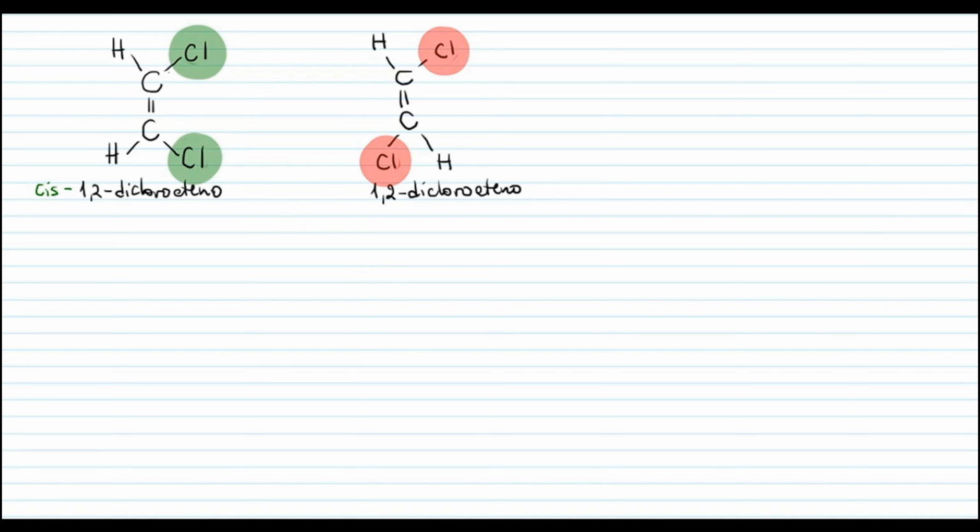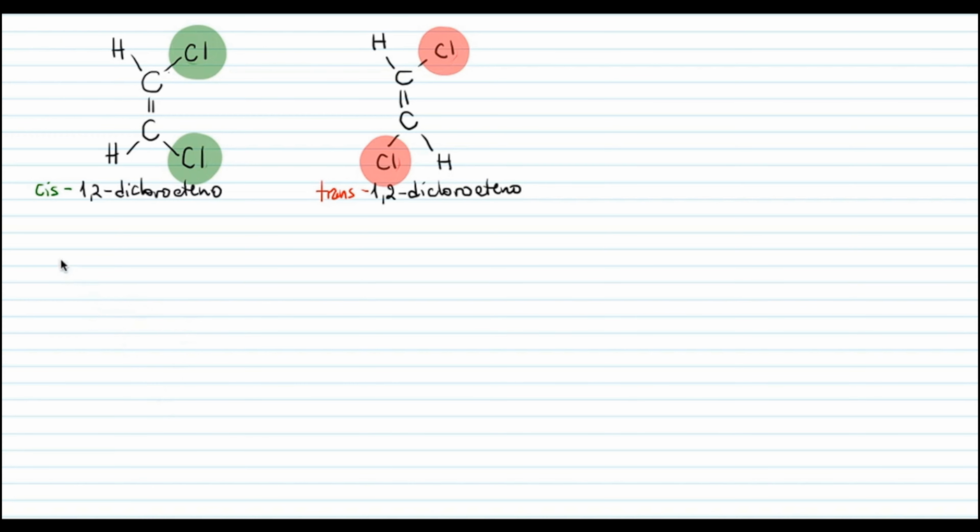The isomers in which the substituents are on opposite sides are called trans. So this is the isomer trans-1,2-dichloroethene.